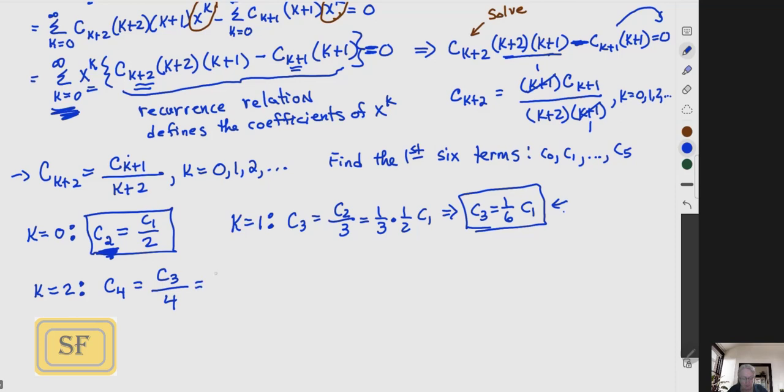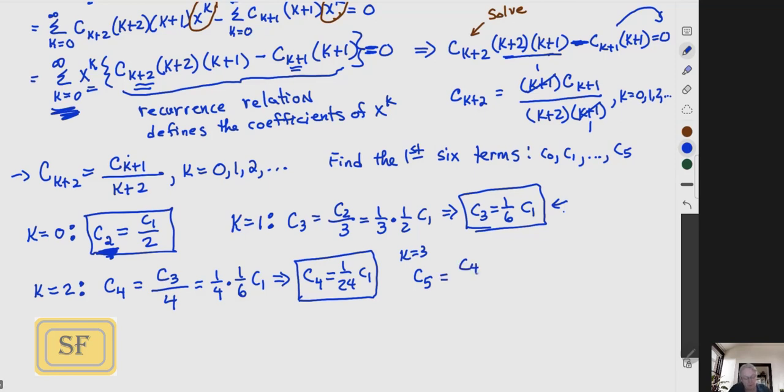So that's going to be 1/4 times 1/6 c sub 1, or c sub 4 is 1 over 24 c sub 1. And I think I can fit the next one here. So for k equals 3, we're going to have c sub 5, and that'll be equal to c sub 4 over 5.